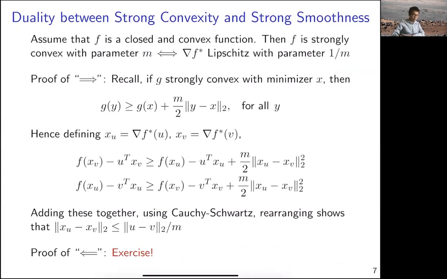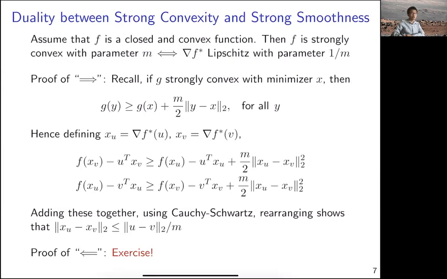For any strongly convex function with parameter m, the gradient of its conjugate is Lipschitz with parameter 1/m. Therefore, if the strong convexity parameter gets larger, its conjugate is smoother, and the analogy goes vice versa.